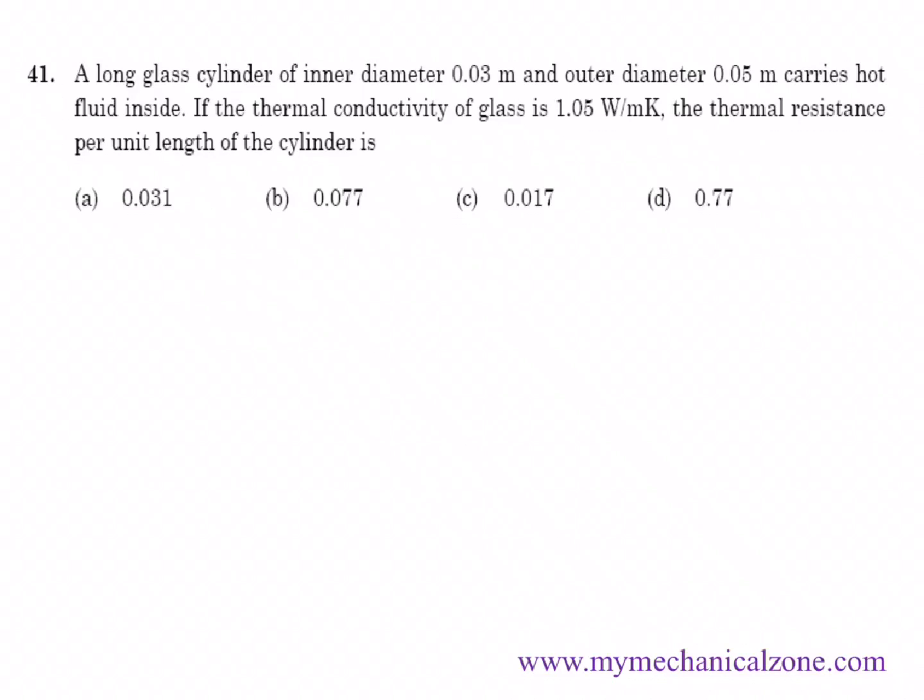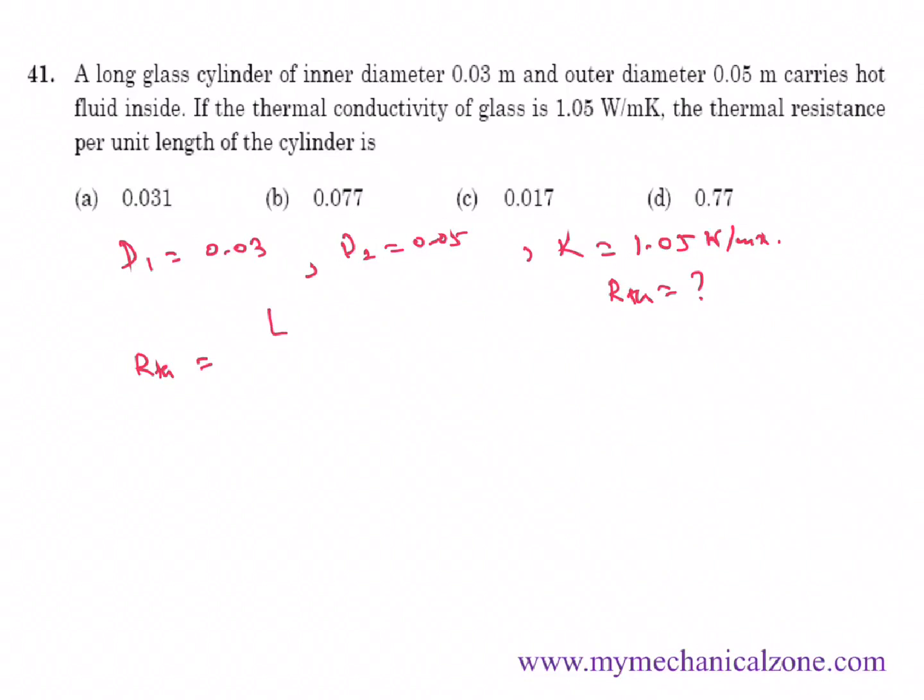Inner diameter D1 is 0.03, outer diameter D2 is 0.05, K value is 1.05. For a cylinder, our formula is R_th equals ln(R2 by R1) by 2 pi K L, where L is unit length.